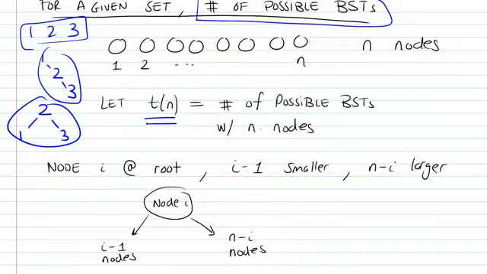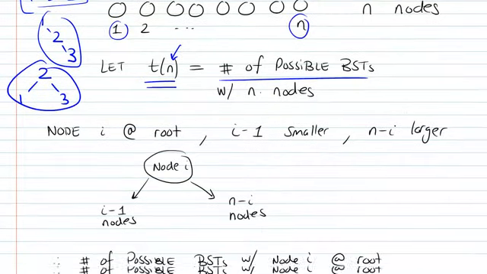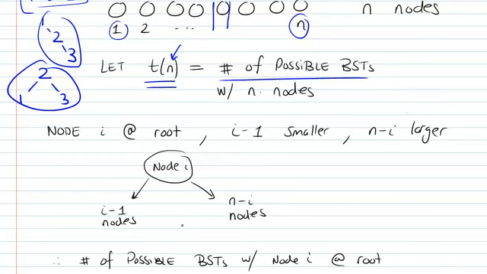So if you define T(n), where n is the number of elements we have in that set, as the number of possible binary search trees we could create, and if we identified every single node as we gave it an index from 1 to n, then basically what's going to give us all the multiple representations of the binary search trees for a given set is taking every single node and assigning it at the top of our tree as the root of our tree. So here we've assigned 1 as the root, and then here we've assigned 2. And then doing this in a recursive fashion.